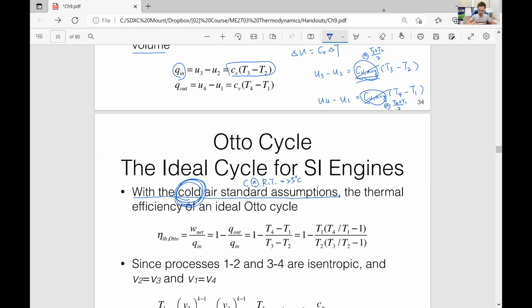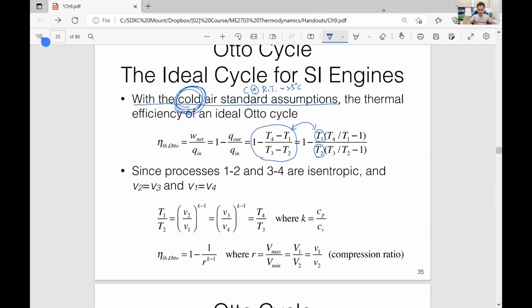So we can rewrite the efficiency in terms of the temperatures at every state. Okay. Then we do a little bit of rearrangement. So we take T1 out, we take T2 out here. So they are the same. We just rearrange.